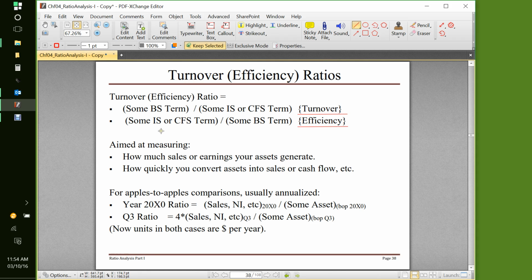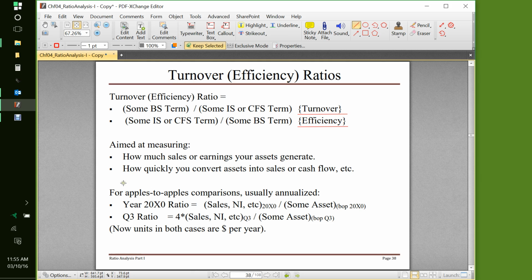In other words, some income statement or cash flow term in the numerator with some balance sheet term in the denominator. So these are aimed at measuring, for example, how much sales or earnings we can squeeze out of our assets, or how quickly we can convert assets into sales or cash flow, etc.